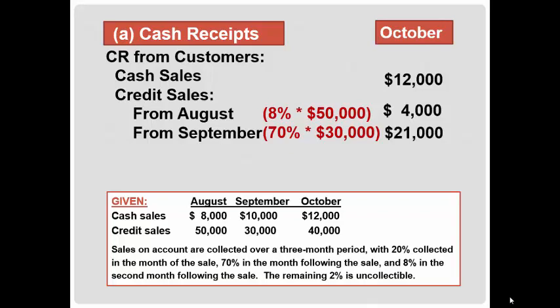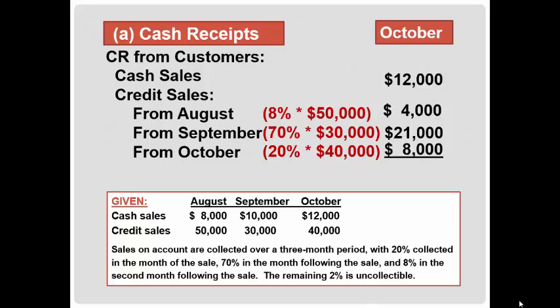And from October, we'll collect 20% of the $40,000 of credit sales. So we'll collect from our credit sales $4,000 from August, $21,000 from September, and $8,000 from October.